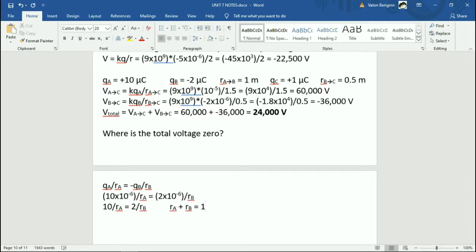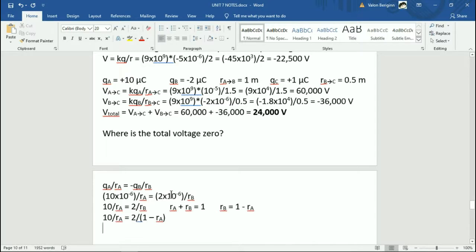So what do we get? Well, you can just move this around and say that RB equals 1 minus RA. So we have 10 over RA equals 2 over 1 minus RA.